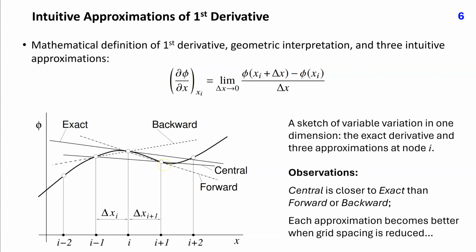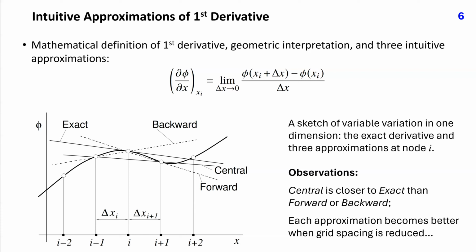We see immediately that other similar approximations can be made. In one, we take the difference between phi at node xi and xi minus 1, represented by the line denoted backward. And in another, we take the difference between phi at points on either side of xi, represented by the line labeled central. We can now make two important observations.